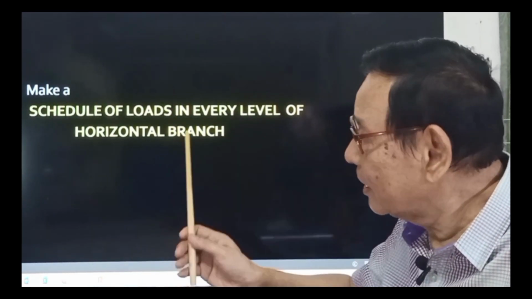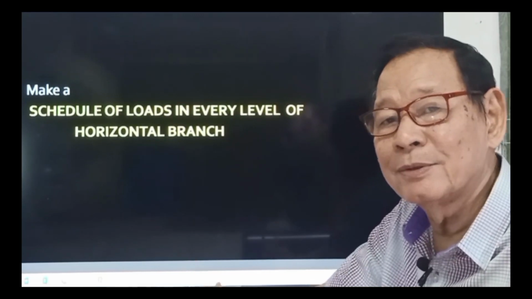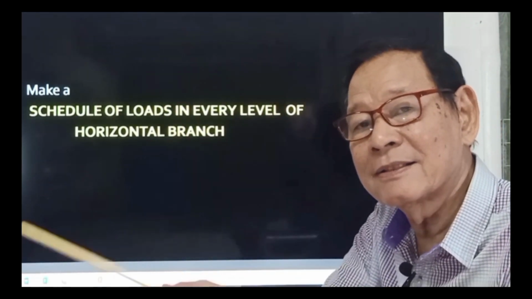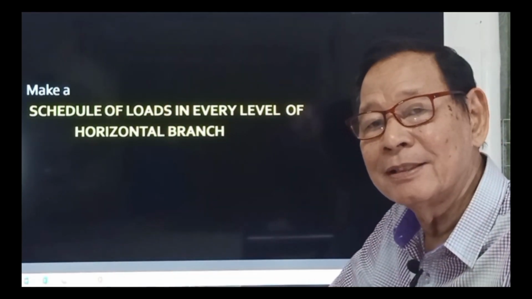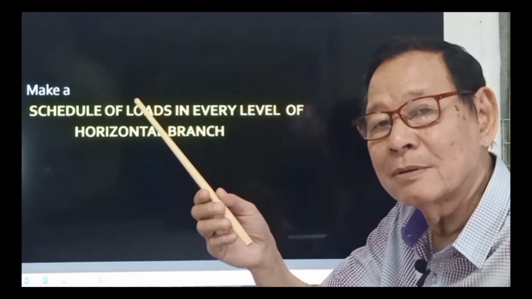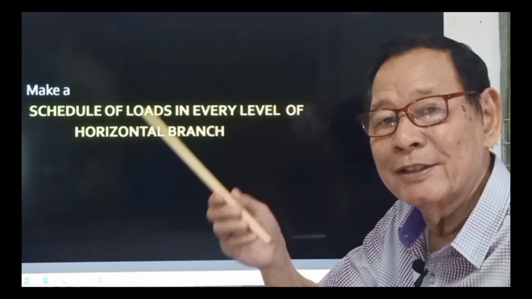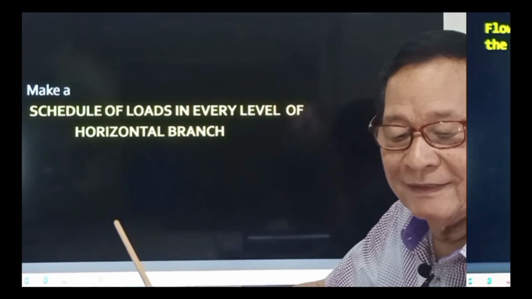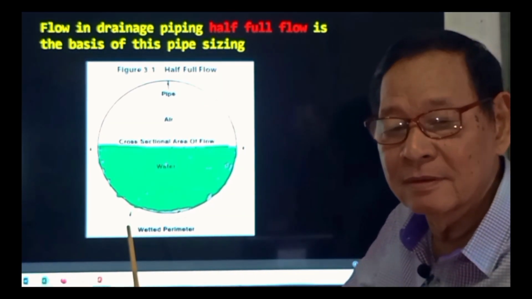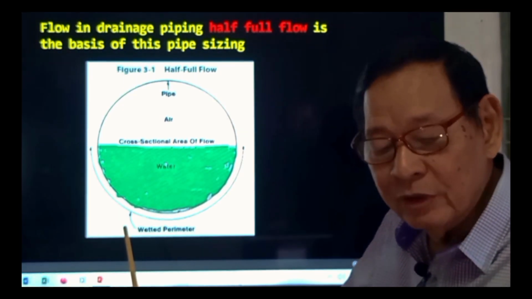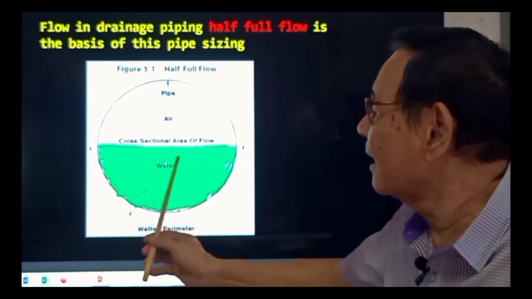The plumbing system has an appliance load. The electrical also has loading in terms of watts or kilowatts or volt-amperes. Here we have our loading in terms of fixture units. Our computations on this type are in half bore.